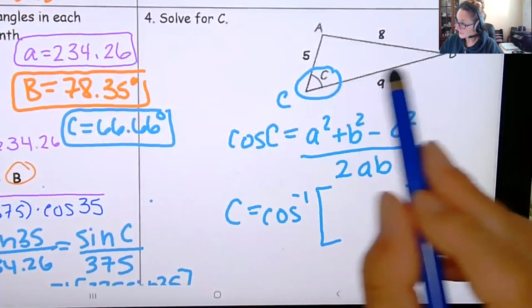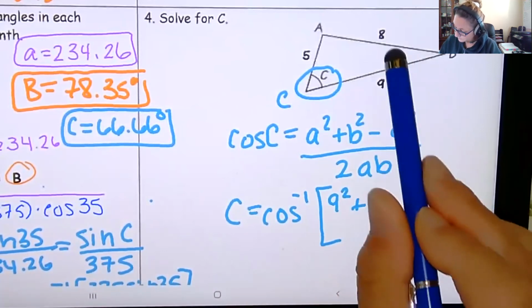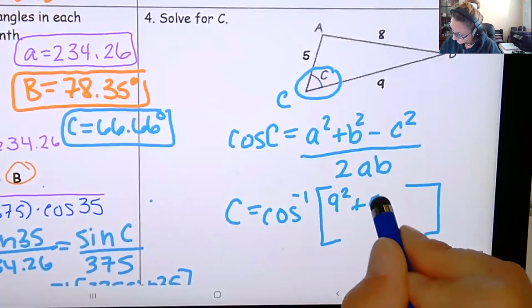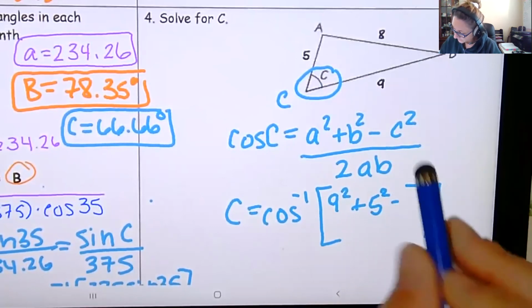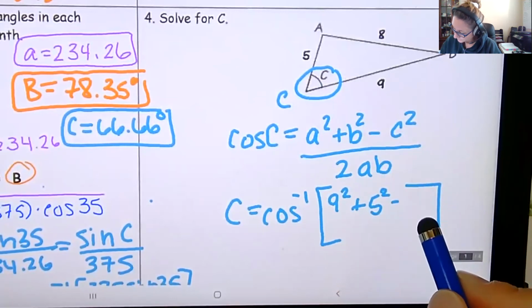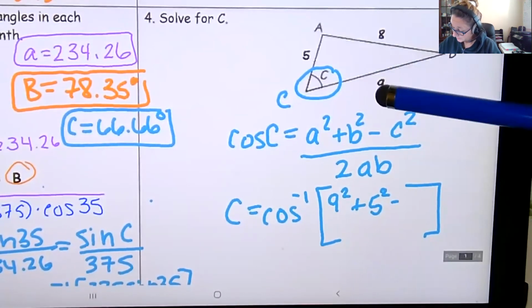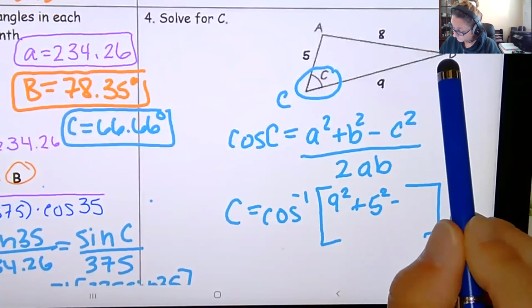So my A is 9, my B is 5, sorry, apologize. My A is 9, my B is 5.